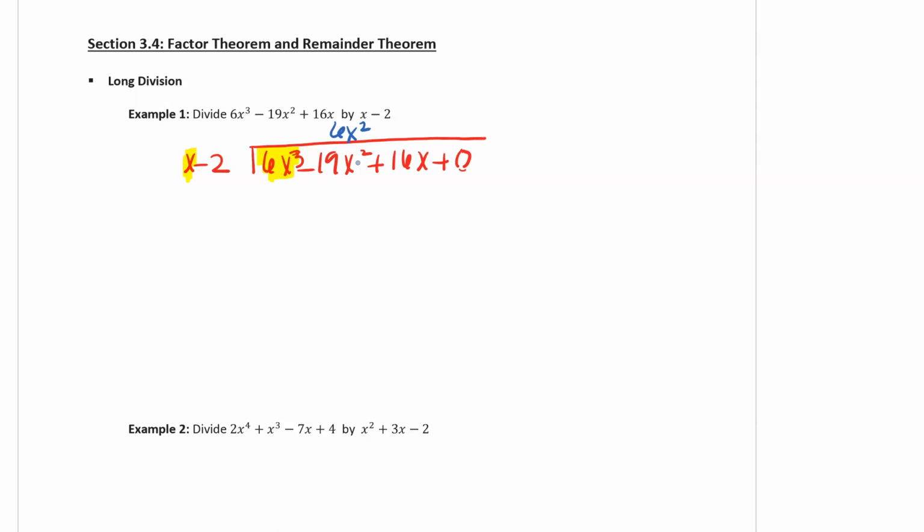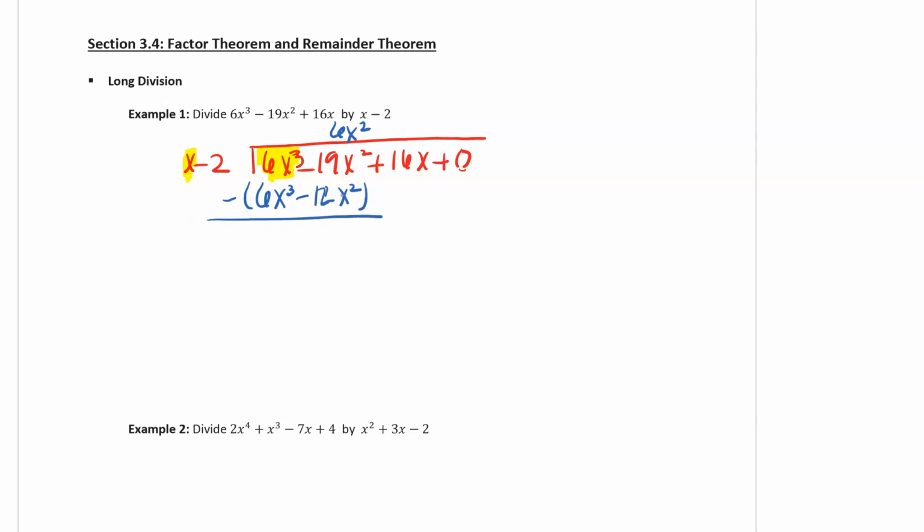After I figure out what times x will give me 6x squared, I'm now going to multiply it. 6x squared times x gives me 6x cubed. 6x squared times negative 2 gives me negative 12x squared. I'm going to line up terms underneath the terms that have the same exponent, and then I'm going to subtract this whole thing.